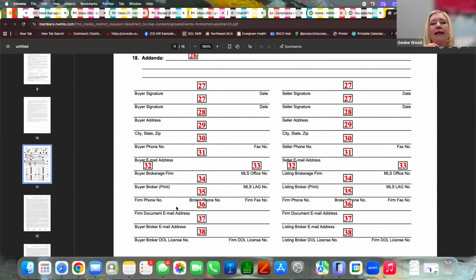I highly recommend as a great practice that when you email an offer and any other notices after the offer is mutually accepted, an example 35R, whatever, you're sending an additional addendum, you email it to 4 locations. Those 4 locations are on this front page. Your email address, listing broker, buyer broker, whichever one you're opposite side of, and both of the firms.